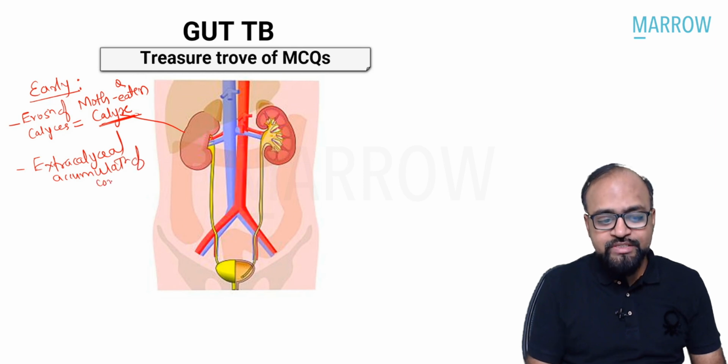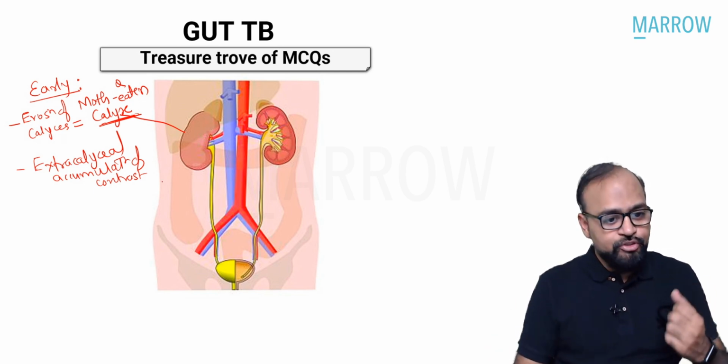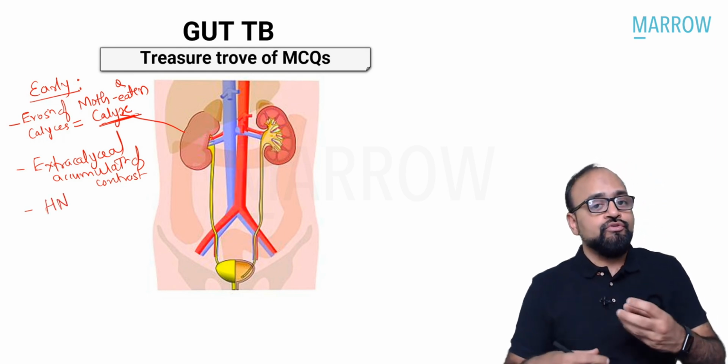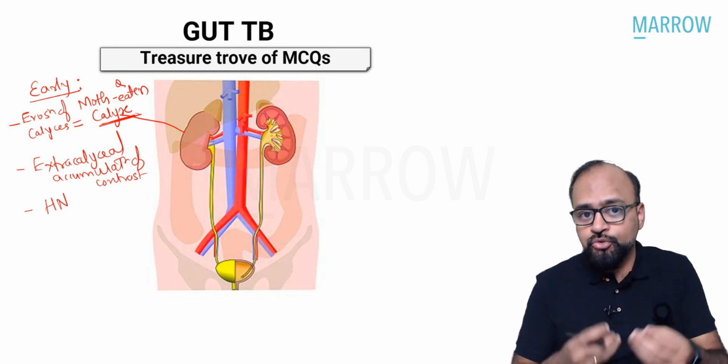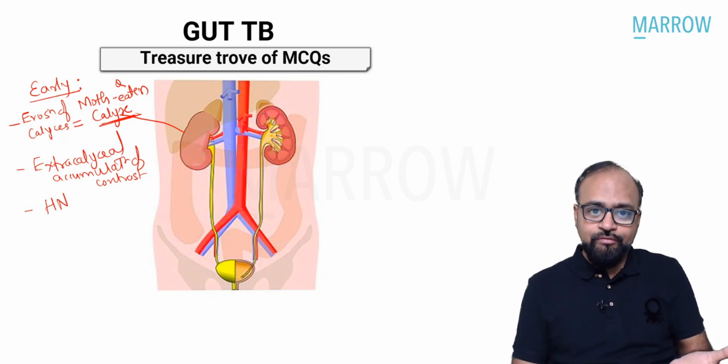So what happens once the calyx is eroded? The contrast spills out from it, and there is extracalyceal accumulation of contrast. There could be hydronephrosis because the debris produced by tissue destruction may block a few of these calyces.